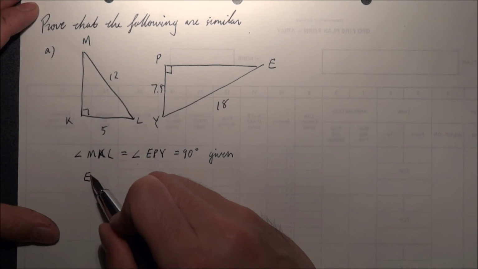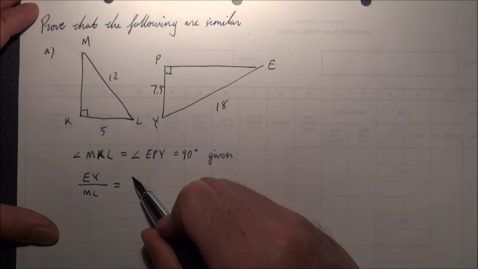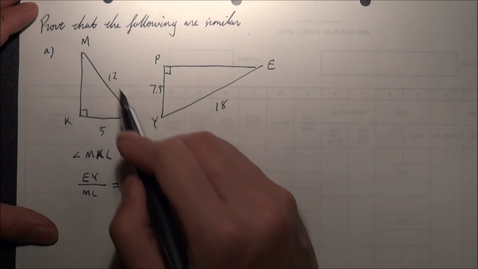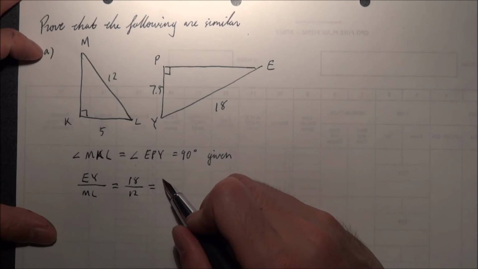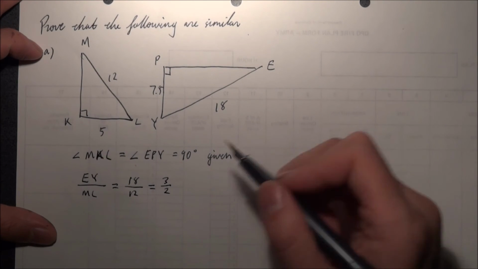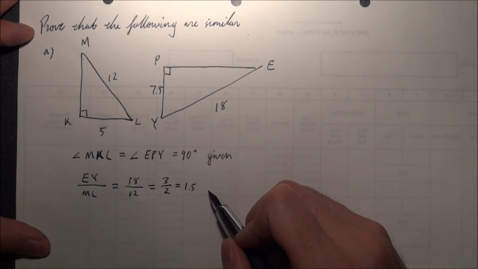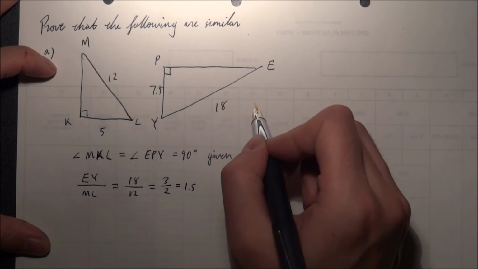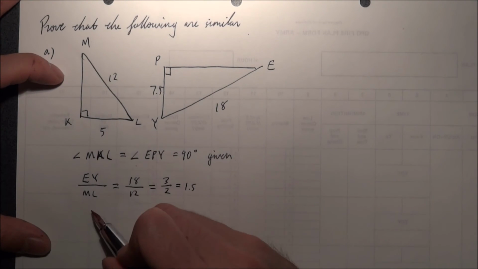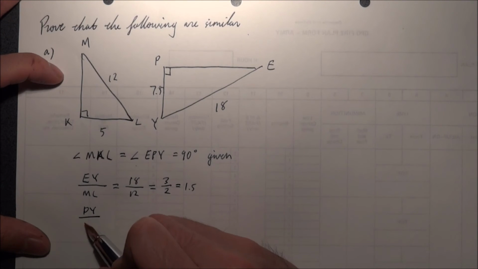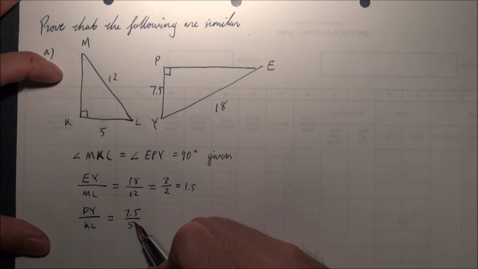So EY over ML equals 18 over 12, and obviously this is 3 over 2, or 1.5, doesn't really matter. This is the ratio between the two hypotenuses. Now let's try the shorter sides, which is PY over KL. So it's 7.5 over 5.